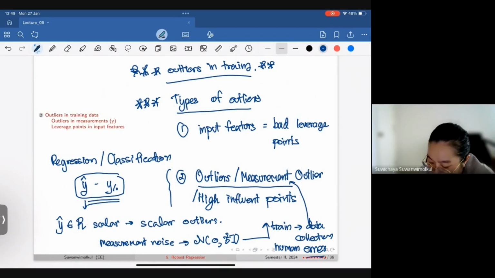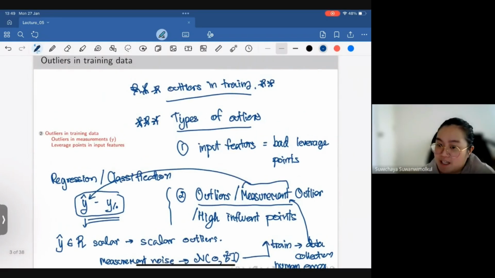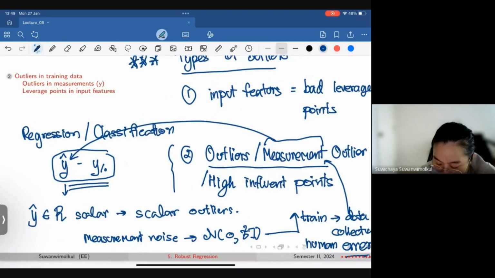Therefore, as we use this training data, we will get a y hat that is inaccurate in a bad way, like the error is very high, even though our reference may be noisy. So that is the meaning of the outliers.